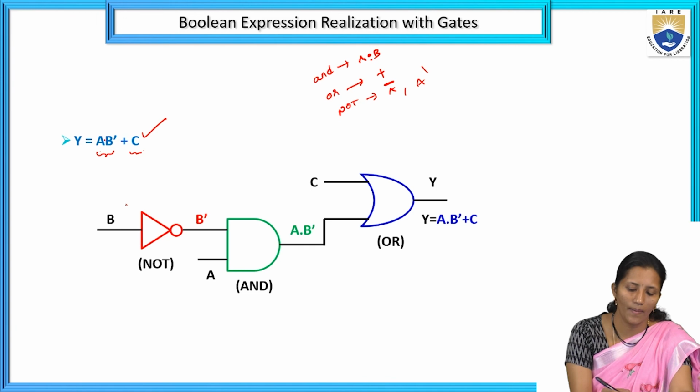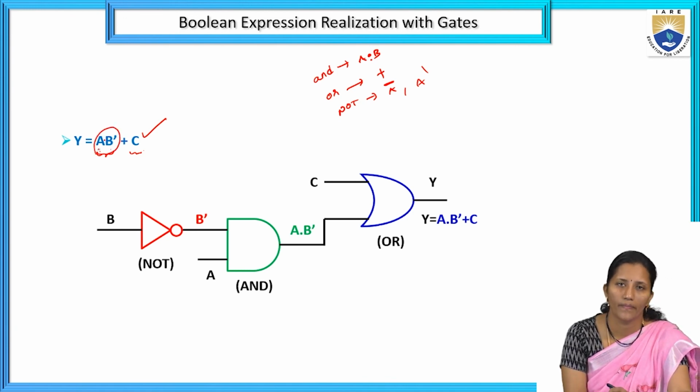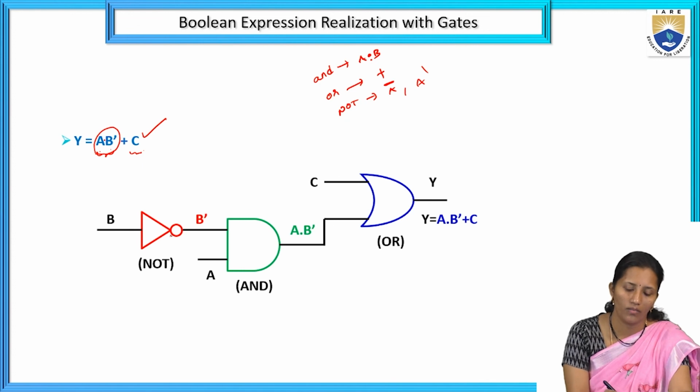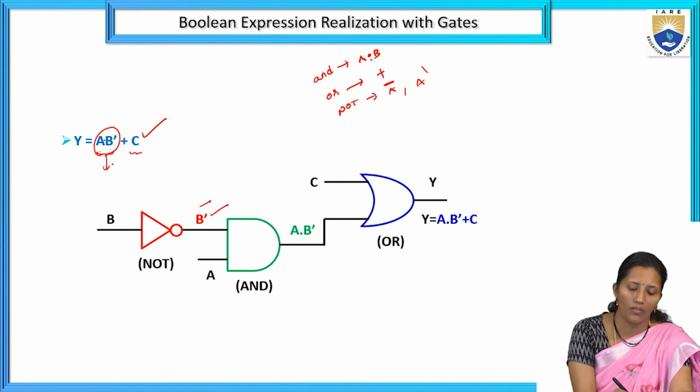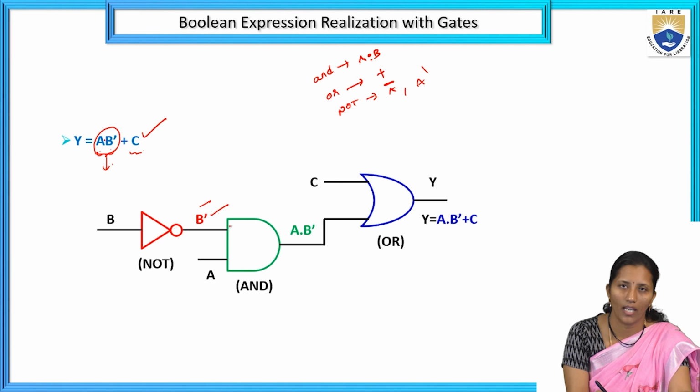So here, C, A, B bar. First take the term A B bar. To realize B bar, we have the B input. To get B bar, first we give the B input to the NOT gate, and we get B bar. And A into B bar means we have to take the AND gate.